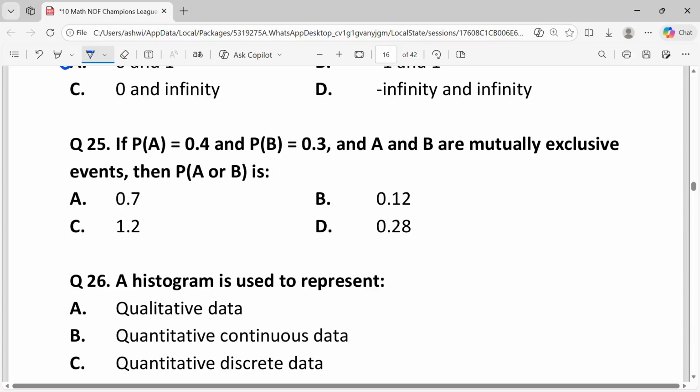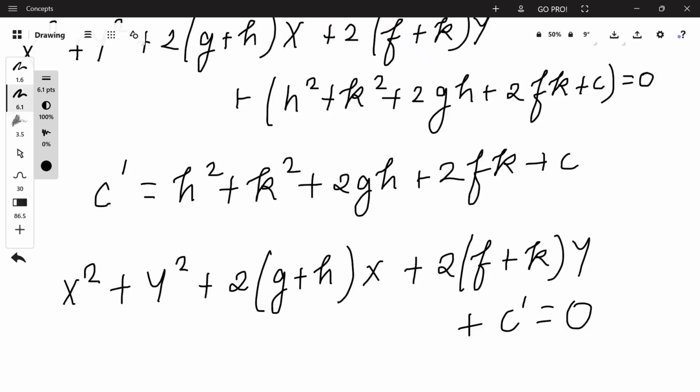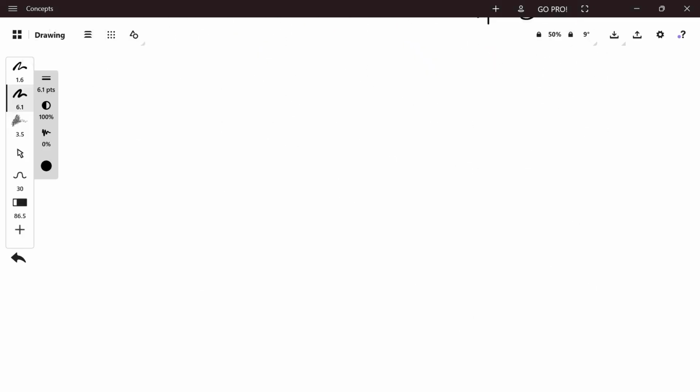Question 25. If P(A) is equal to 0.4 and P(B) is equal to 0.3, and A and B are mutually exclusive events, then P(A or B) is? For mutually exclusive events, the probability of either event occurring is the sum of their individual probabilities.